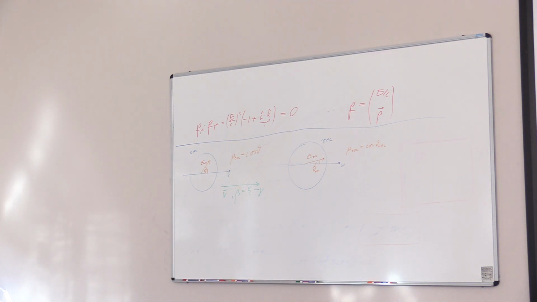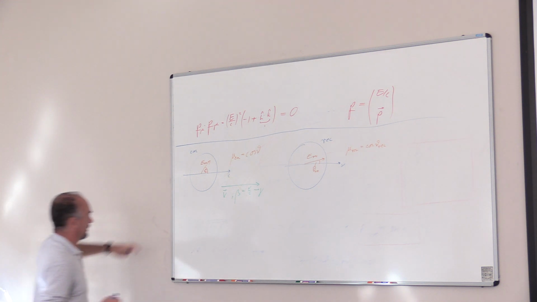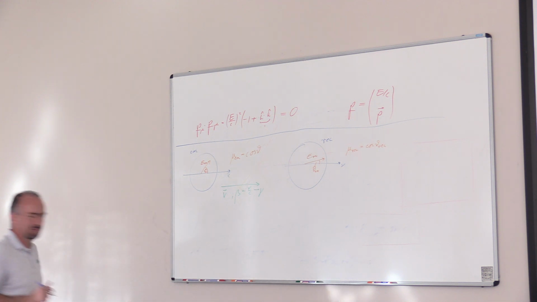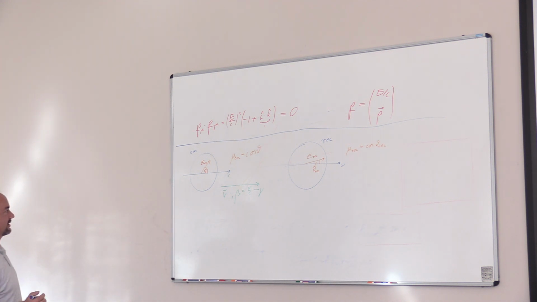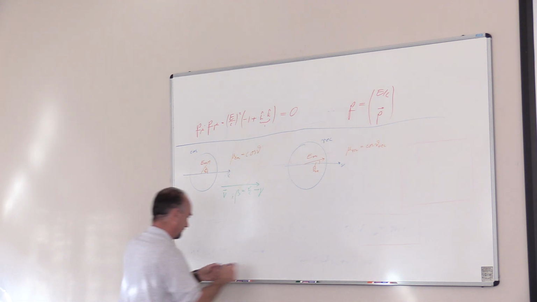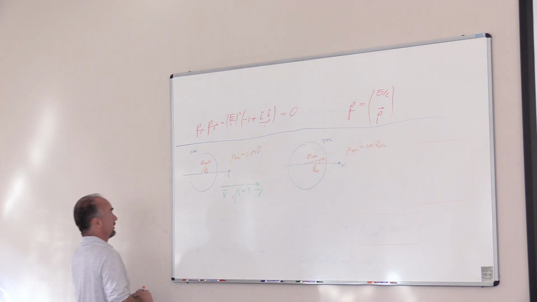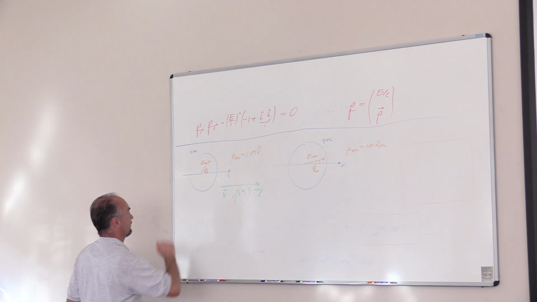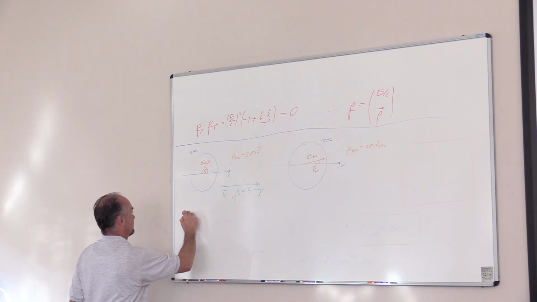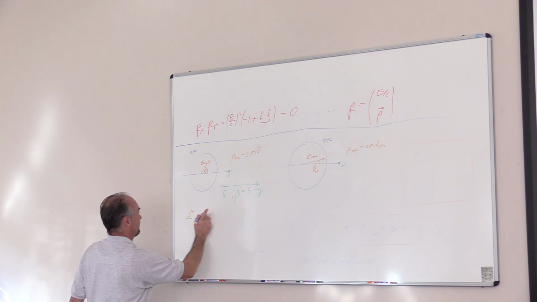So now, bear with me for a few minutes to make some definitions that may not make too much sense right now, but you'll see that this actually is very, very useful. First of all, we have, of course, the four-momentum of the photon in the emitter's frame.